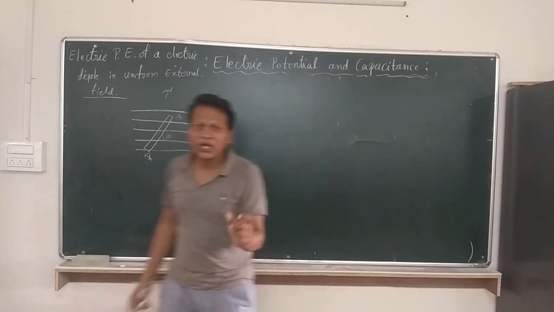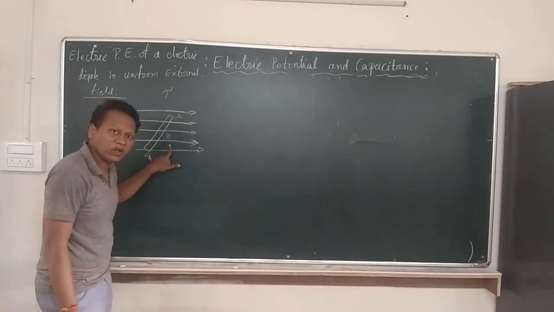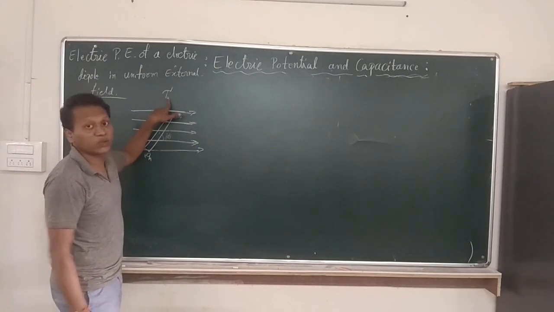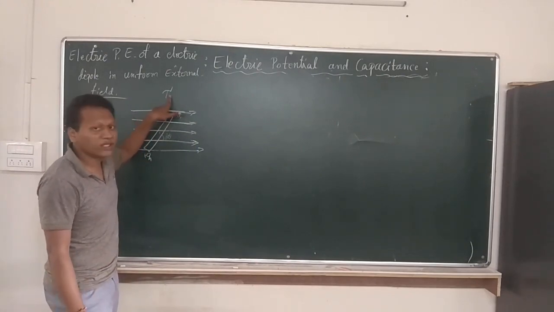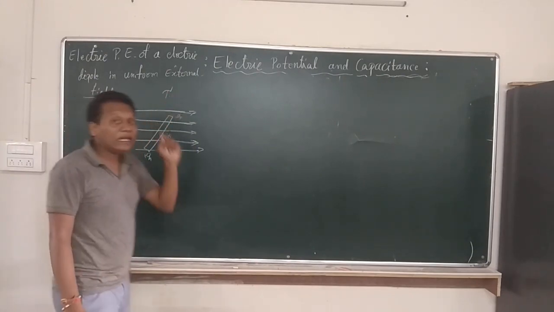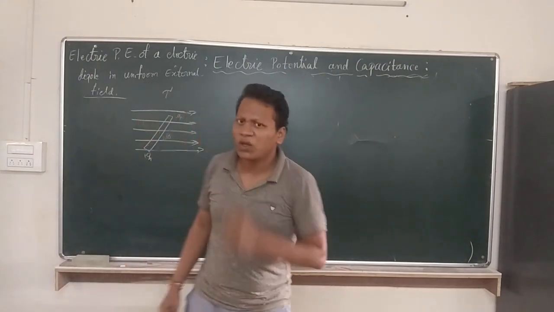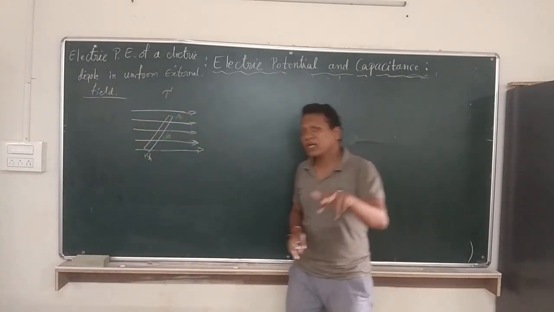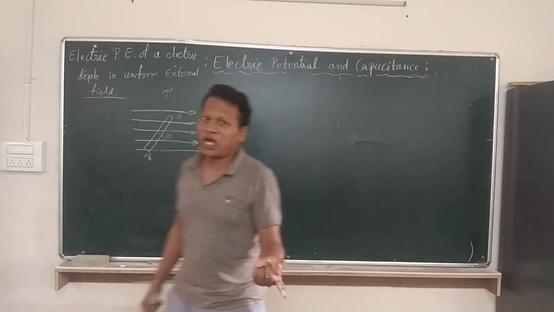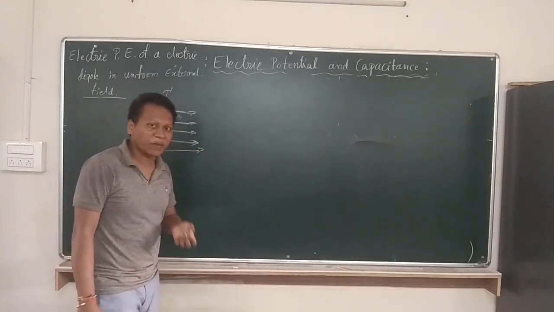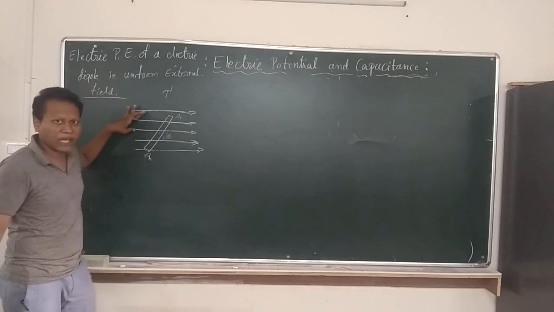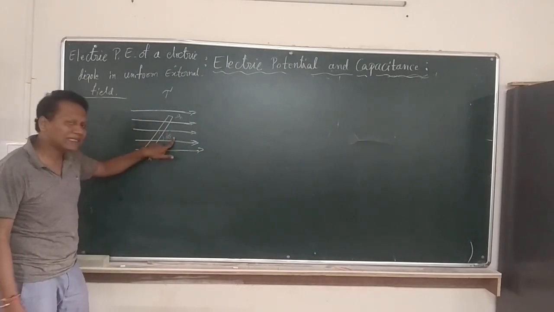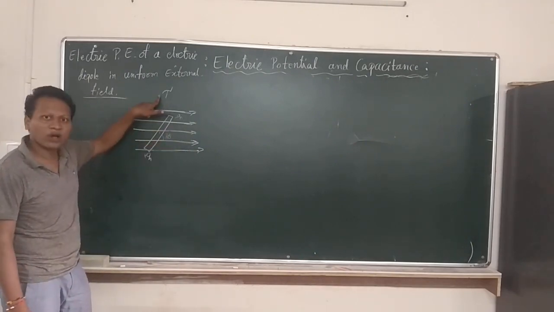Due to the variation of this angle, the torque has to change. And because of this change in torque, the electric dipole moment has to change. Why? Because we have defined the electric dipole moment as the product of the charge and the distance separating the charges of the dipole. Correct? And as the angle is changing, torque has to change.